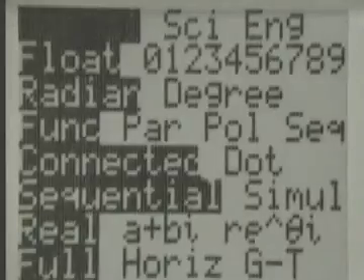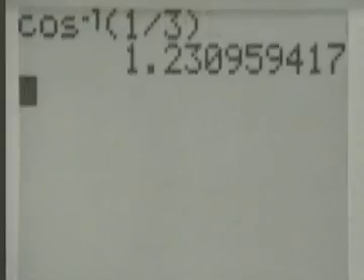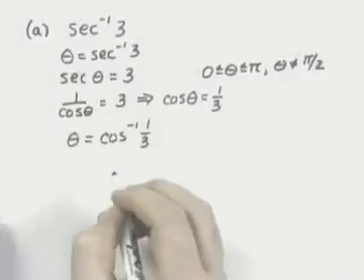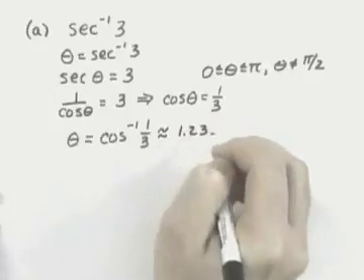So we check the mode and we see that I am in radian mode. Then I press the inverse cosine of 1/3, hit enter, and we get 1.23. So the value of theta is about 1.23.